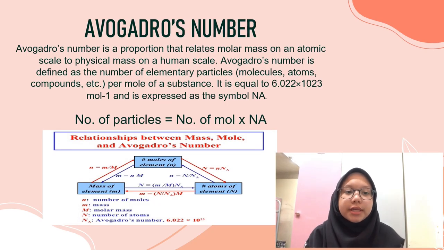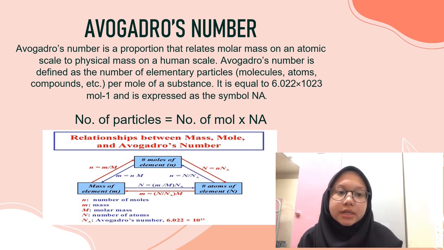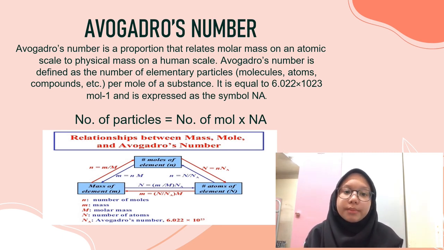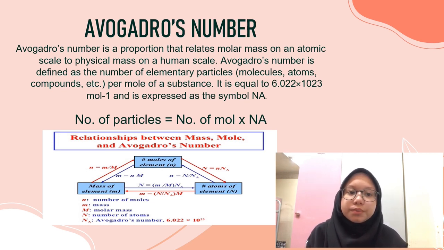So next is Avogadro's number. Avogadro's number is a proportion that relates molar mass on an atomic scale to physical mass on a human scale. Avogadro's number is defined as the number of elementary particles, which is molecules, atoms, compounds, and so on, per mole of a substance.